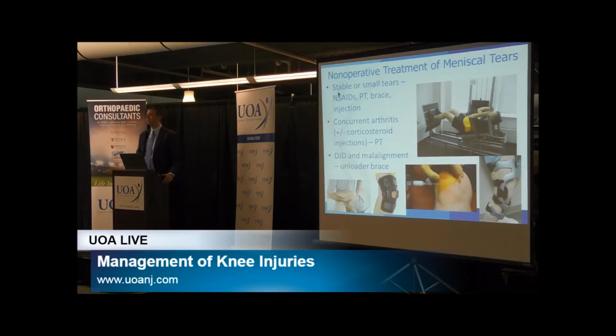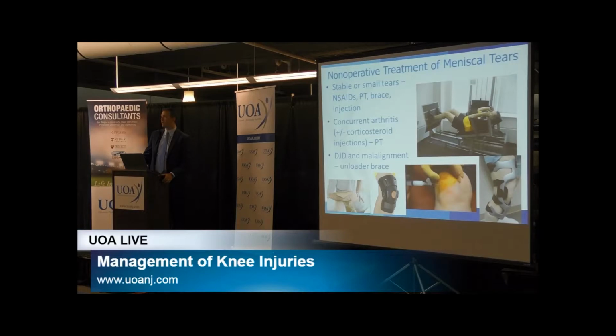That usually is a combination of anti-inflammatory medication, physical therapy. Again, it's important to not just say physical therapy, but what are we really looking for those patients to accomplish in physical therapy? We're trying to address their kinetic chain. We're trying to address strengthening in not only their quad, but their glutes, their core, their lower back, and that often can offload and help improve their mechanics as forces are going through their knee.